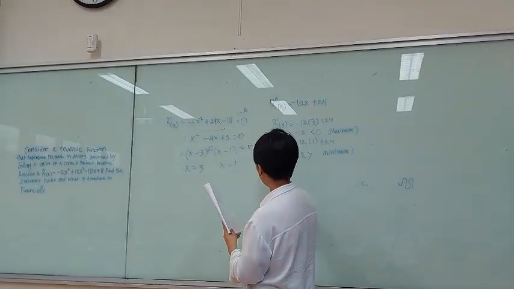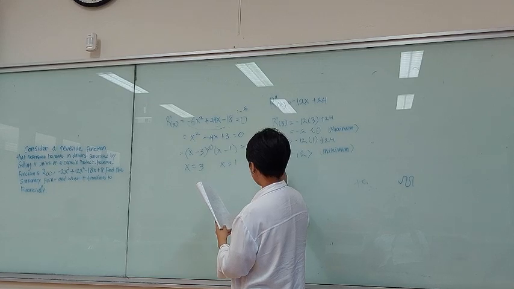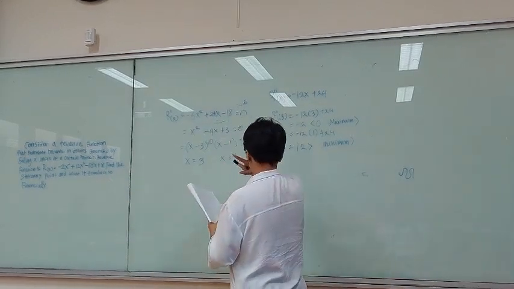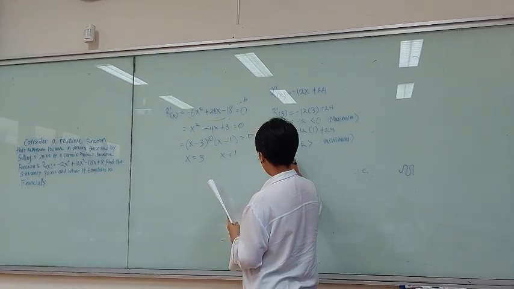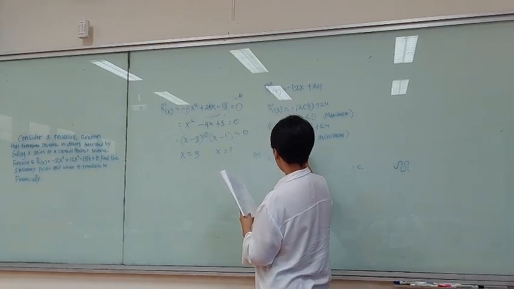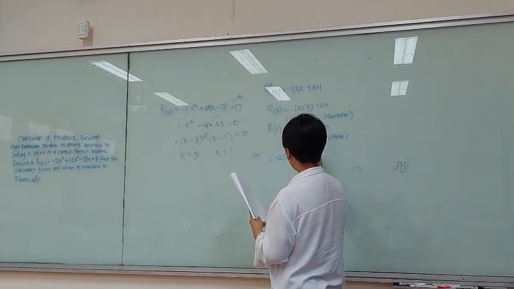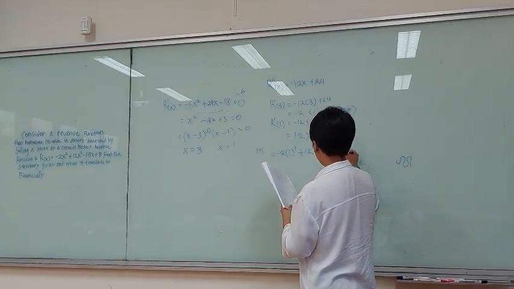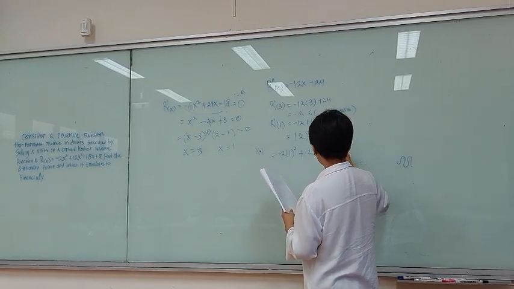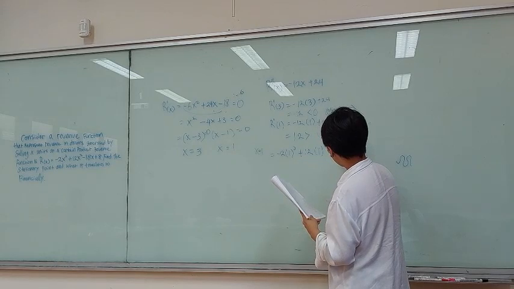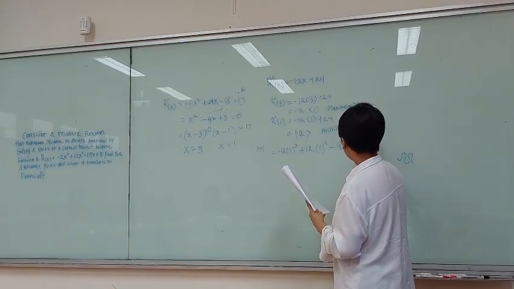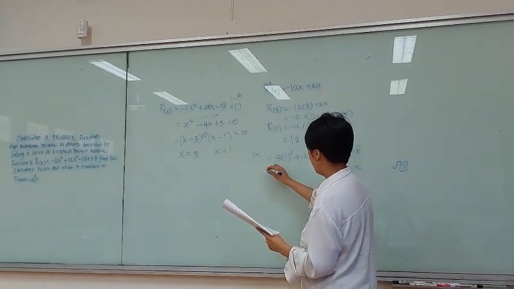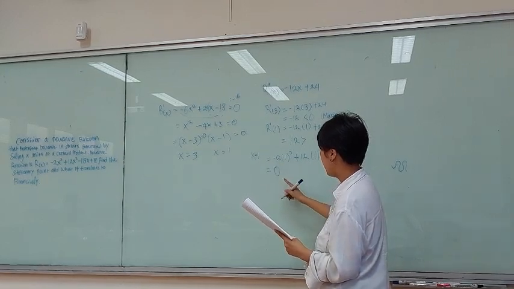For example, using x = 1 first, using this function would equal -2 times 1 cubed plus 12 times 1 squared minus 18 times 1 plus 8. Once you substitute all that, the result should be 0.